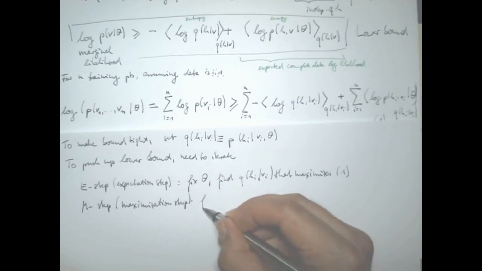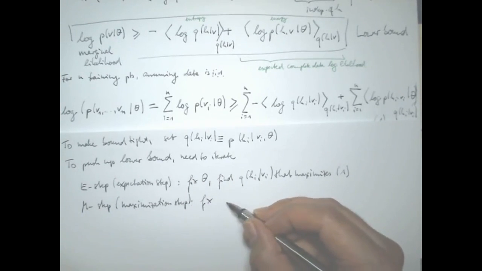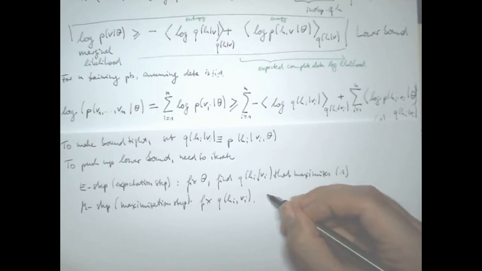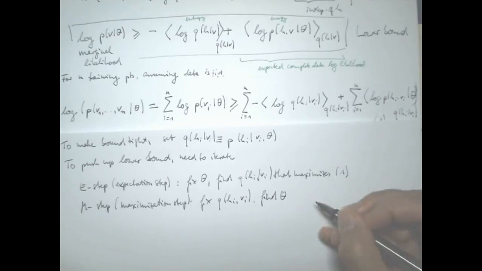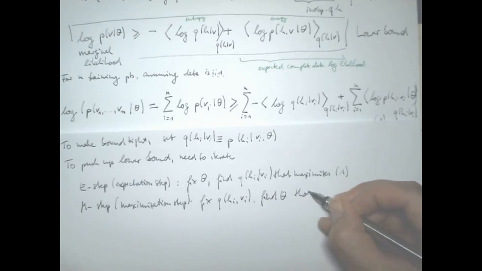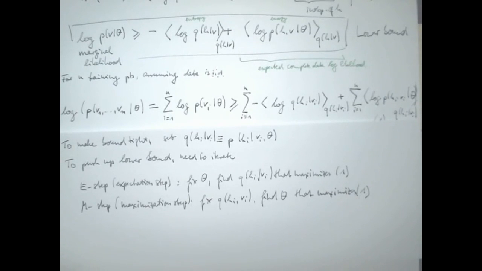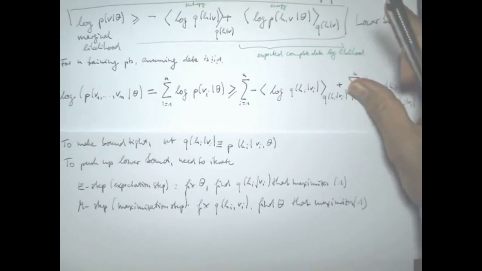Where we this time fix the distribution over the latent variables, or fix the variational distributions, and then find a new parameter estimate that maximizes this equation 1, the big one just up here.